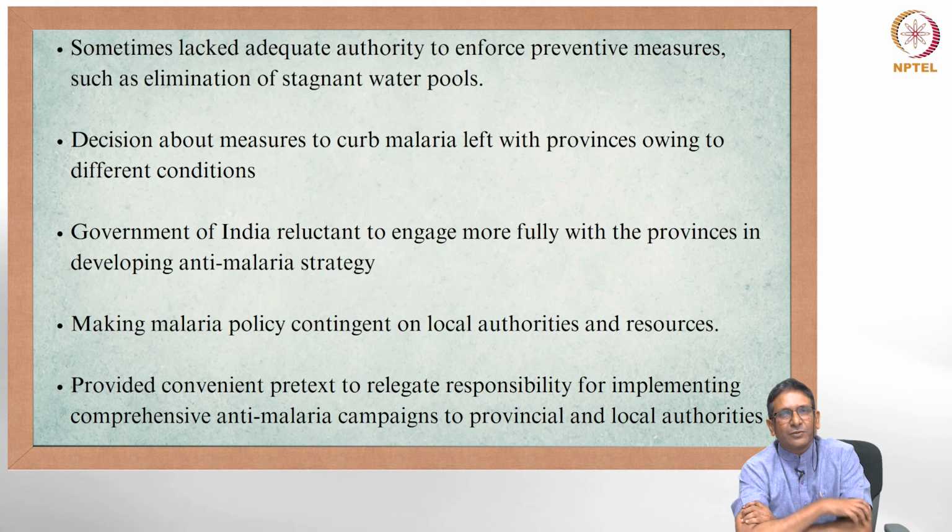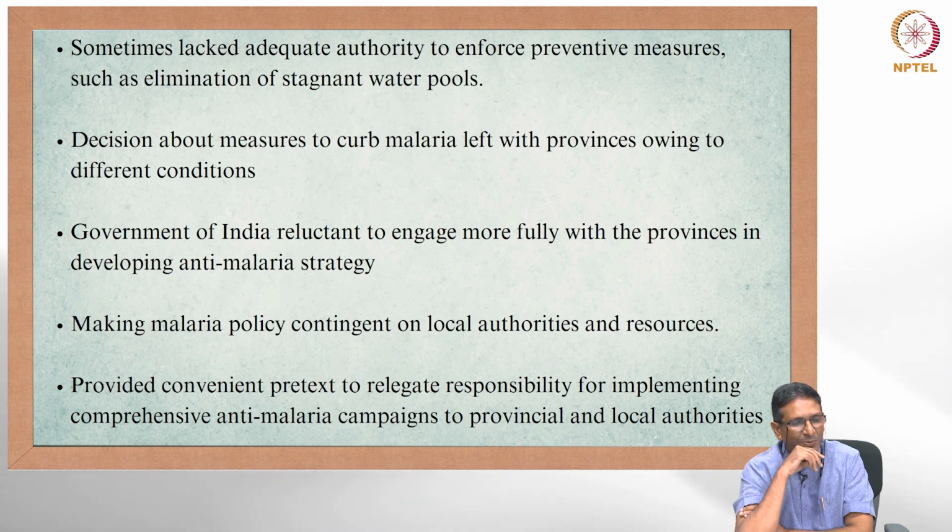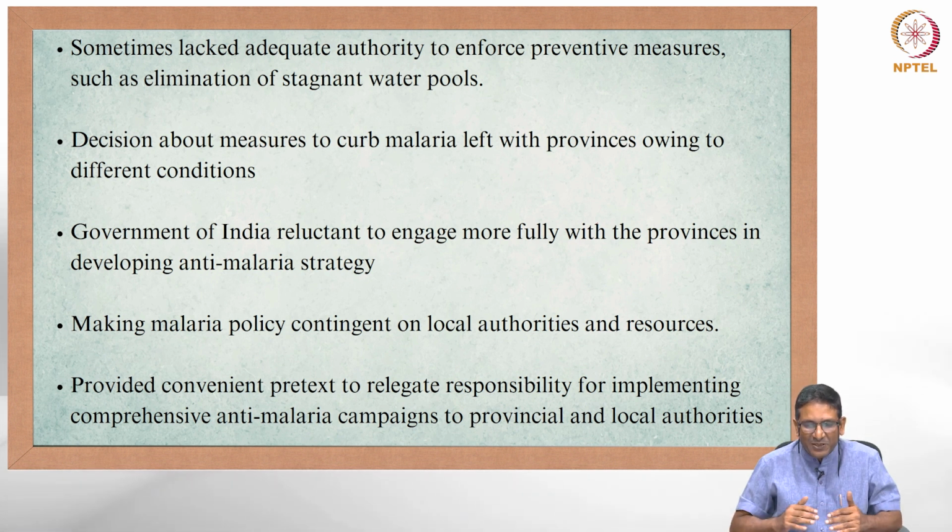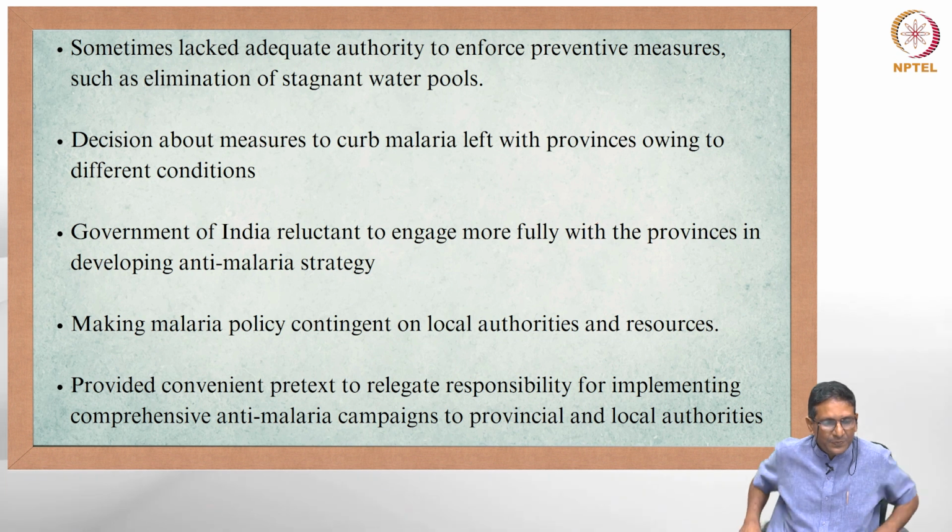And of course, there were all kinds of efforts at the central level to coordinate several things, but the decision about actual measures to curb malaria were left to the provinces, because each province had its own peculiarities, and therefore the government of India was kept at a distance from the actual implementation.